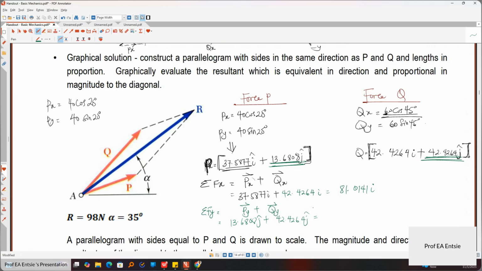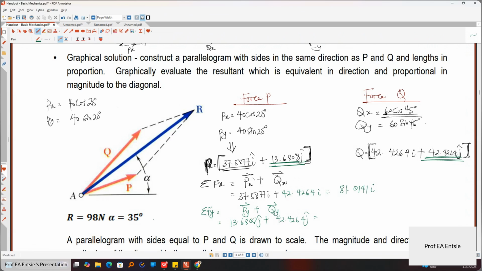So what will we get? Okay, so 13.6808 plus 42.4264.